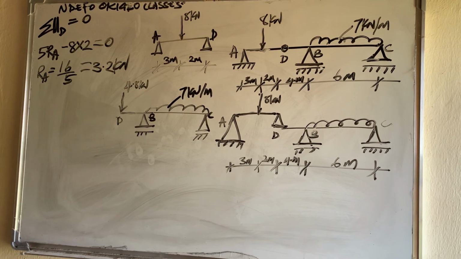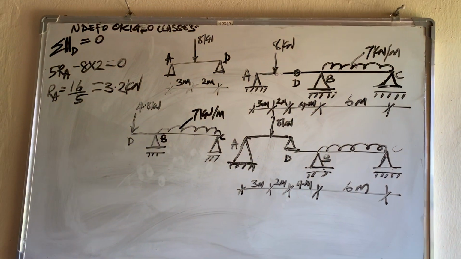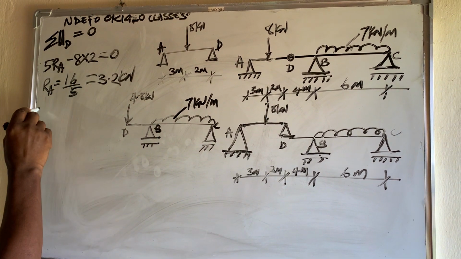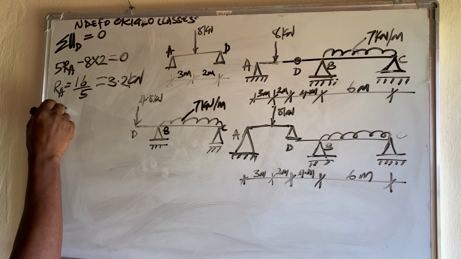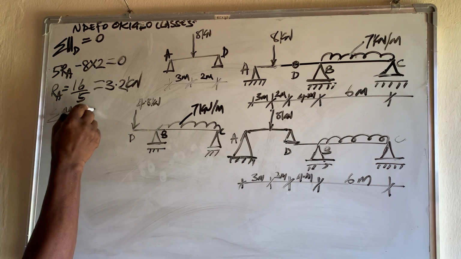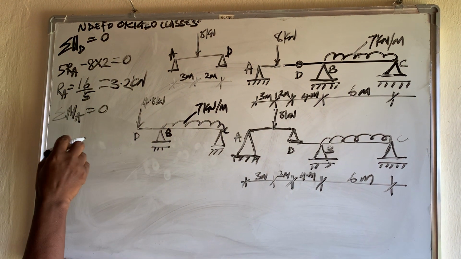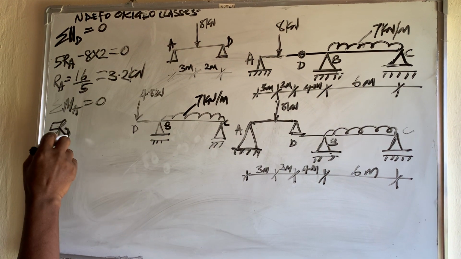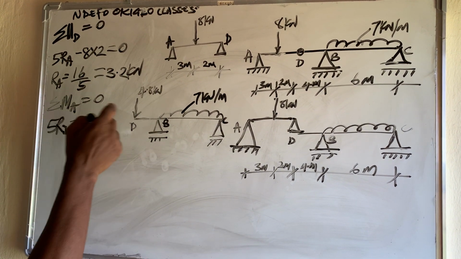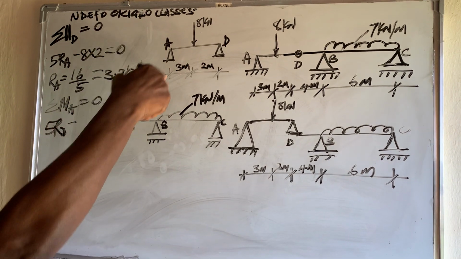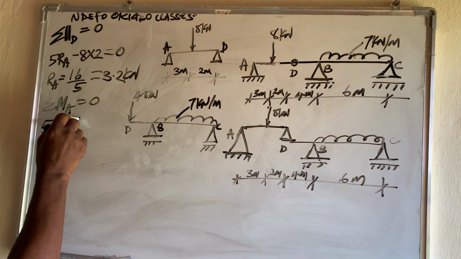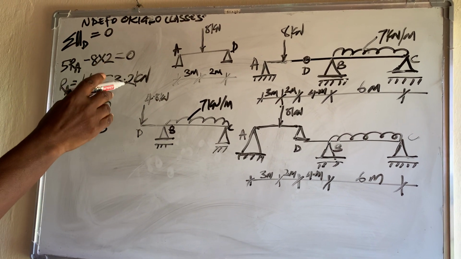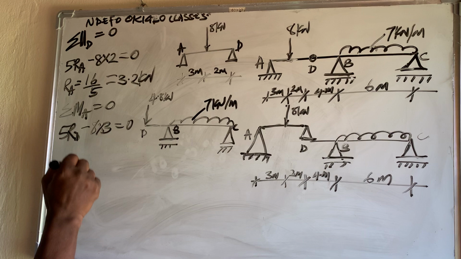That is the reaction at A. Then let me get the reaction at D. Total moment about A is equal to 0. So I start with 5 RD, and minus, because the load turns against it at A, minus 8 times 3 this time, not 8 times 2 again, because the distance of the load from A is 3, equal to 0.